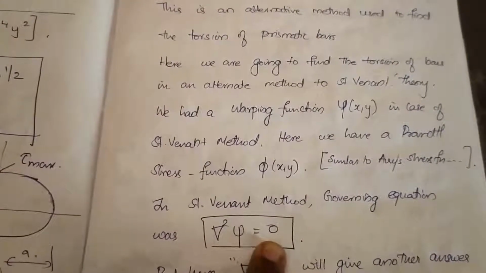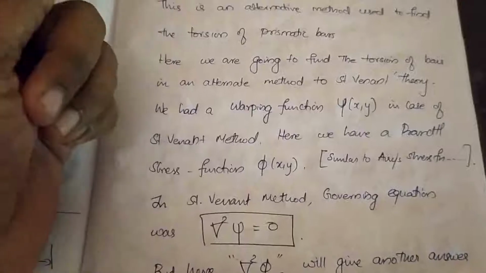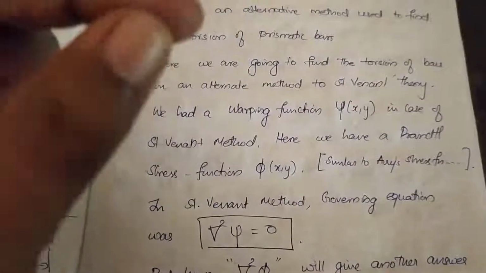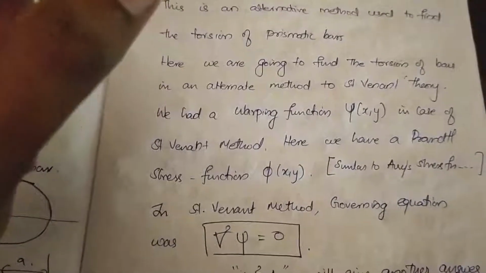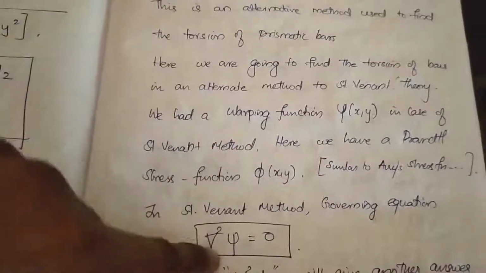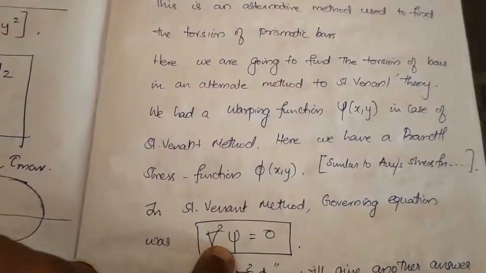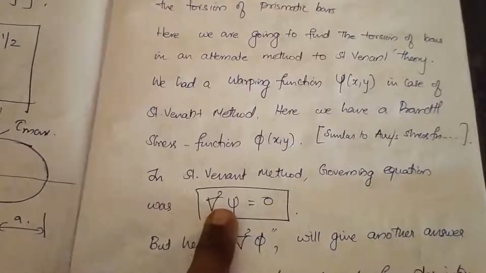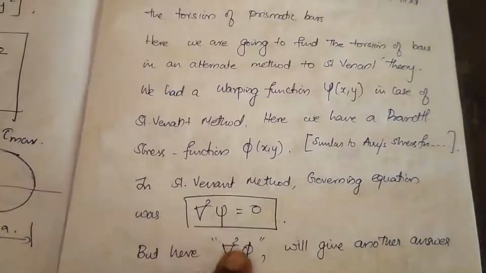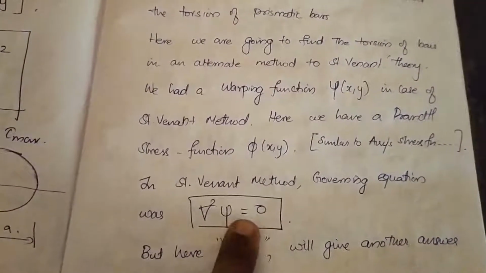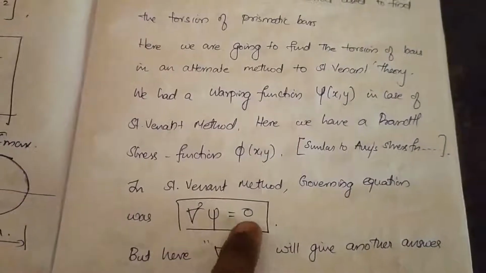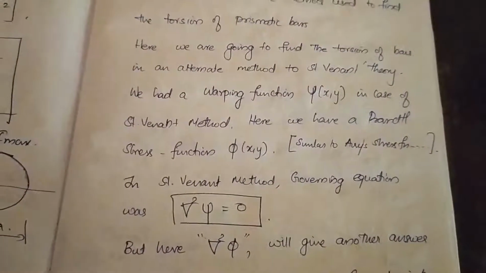If you are not remembering it, just go back to the previous lectures and find the lecture on Sen-Venance method. Similarly here, instead of psi you will find del square phi, but we will see whether it is going to be 0 or a non-zero component.